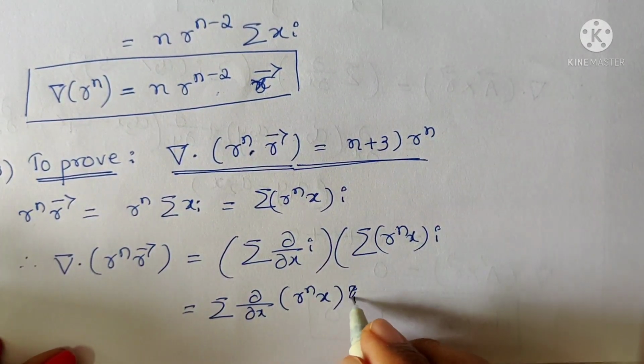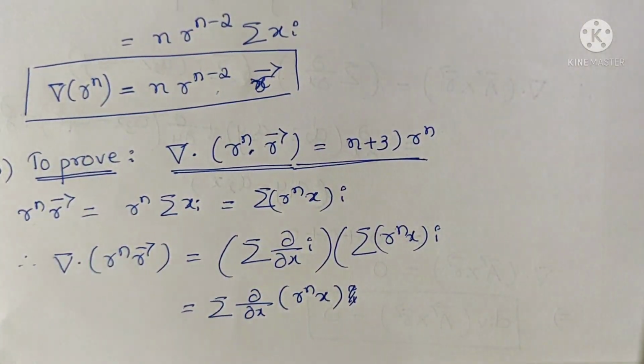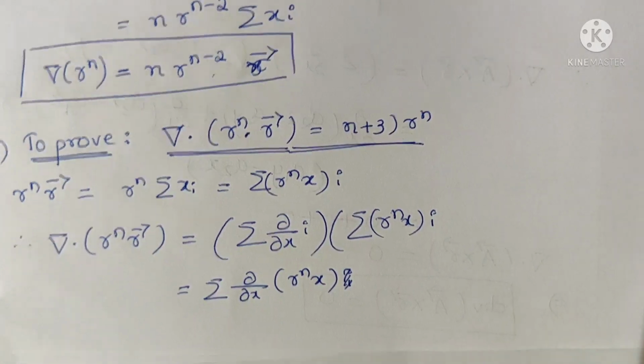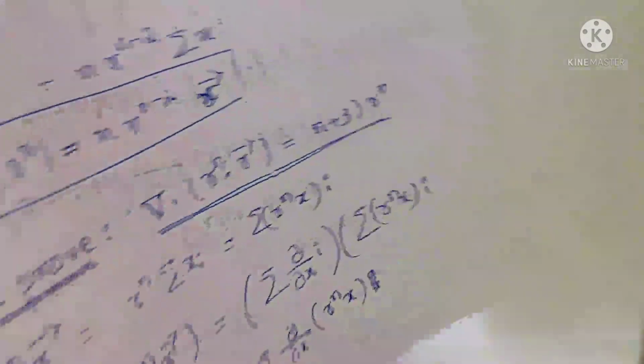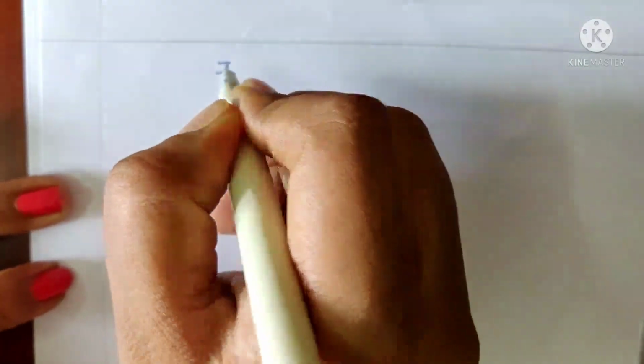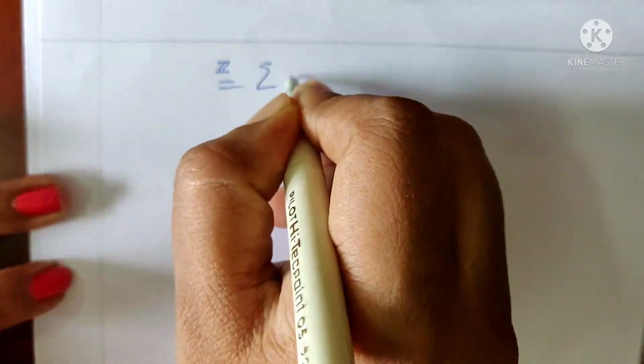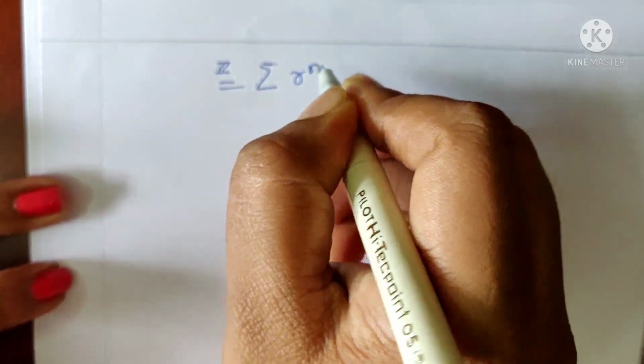This is a dot product, so the coefficients we need to multiply.